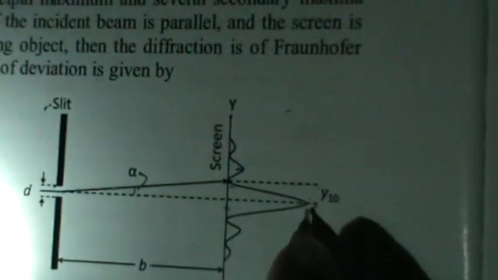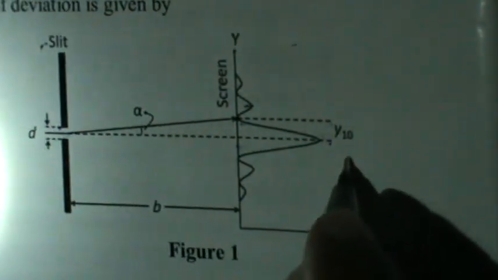So first identify the third secondary maximum without taking readings, then from that side take readings of the first secondary maximum, first minimum, central maximum, and then on the other side the first minimum, first, second, and third secondary maximum. Imagine this to be like we have identified this at 13 mm.